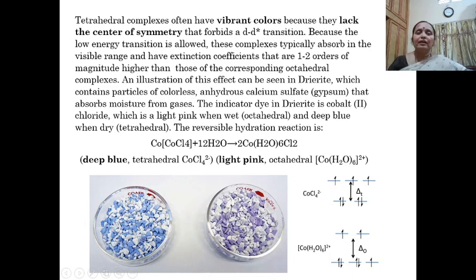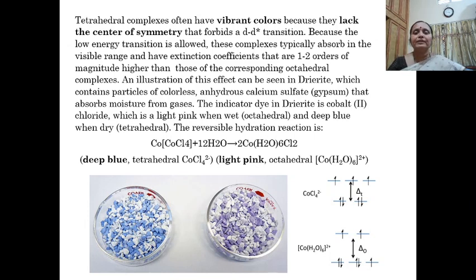So we can say tetrahedral complexes often have vibrant colors because they lack a center of symmetry, and that allows d-d transitions. Because the low energy transition is allowed, these complexes typically absorb in the visible range and have extinction coefficients that are 1 to 2 orders of magnitude higher than those of the corresponding octahedral complex.